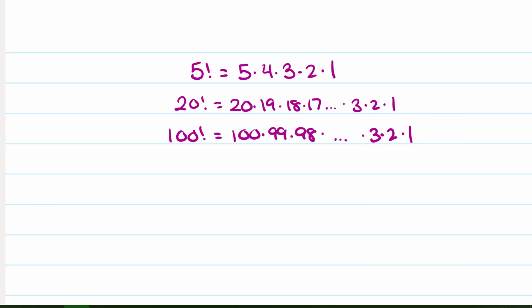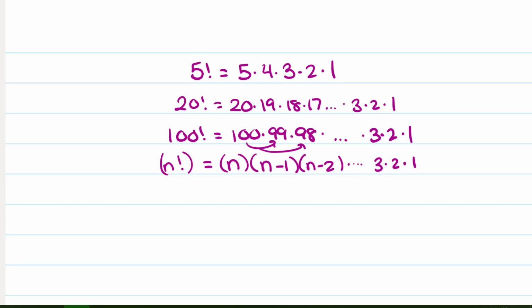So if I have, let's say, n factorial, that's going to be n times n minus 1, because you minus 1 from the pattern. N minus 2, because 100 minus 2 is 98. And you keep following that pattern until you get down to 3 times 2 times 1, because n has to be a number.